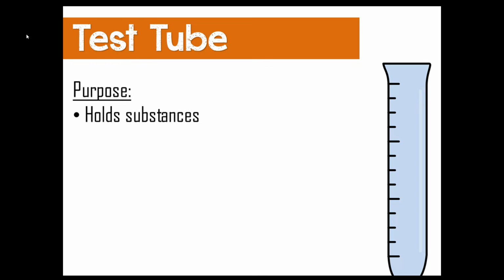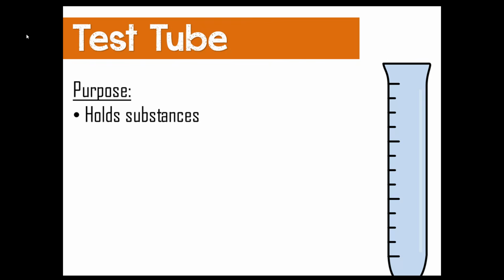So a test tube is just designed to hold substances, and we can put lots of substances in different test tubes in a test tube rack, or we can use a test tube clamp to hold one particular test tube. But a test tube is mainly to hold substances.